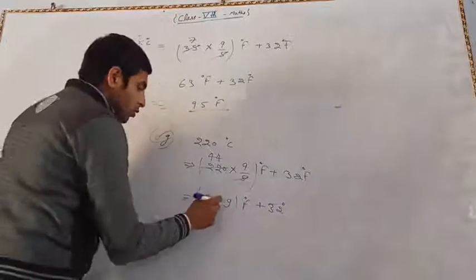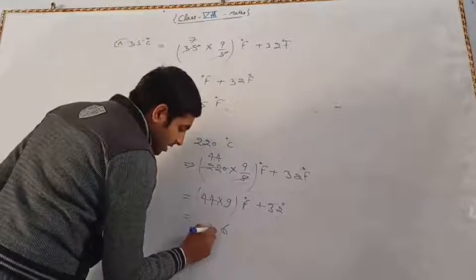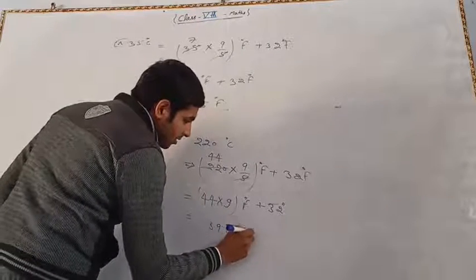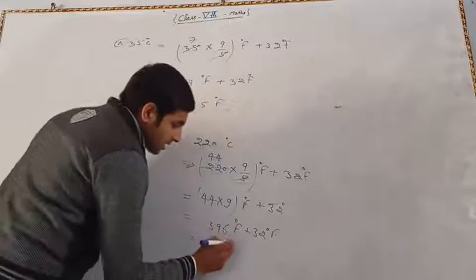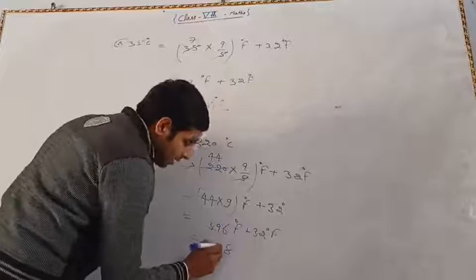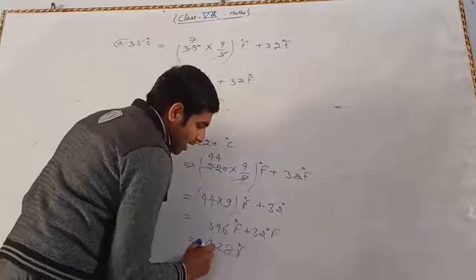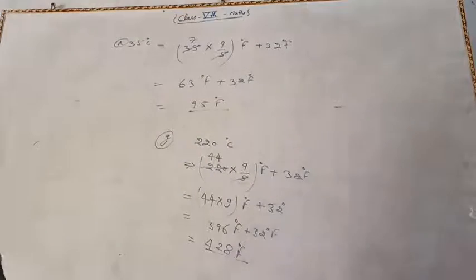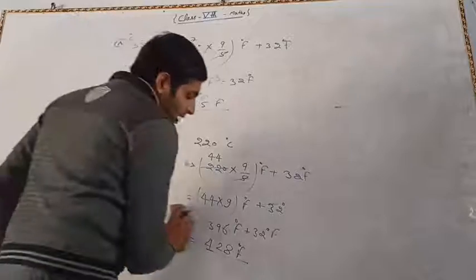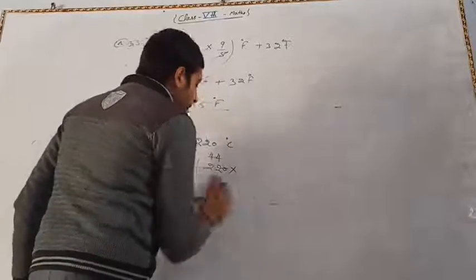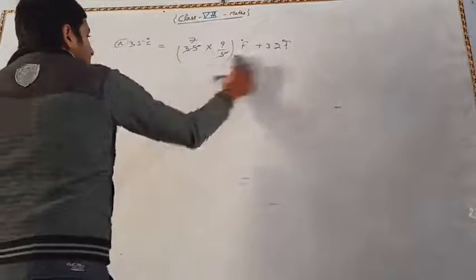So 9 4s are 36, and we get 396 degree Fahrenheit plus 32 degree Fahrenheit, which equals 428 degree Fahrenheit. So 428 degree Fahrenheit is the given temperature of this problem, and you have to solve all the parts of this problem. Now again we have to go to our problem number 3 and solve that also.